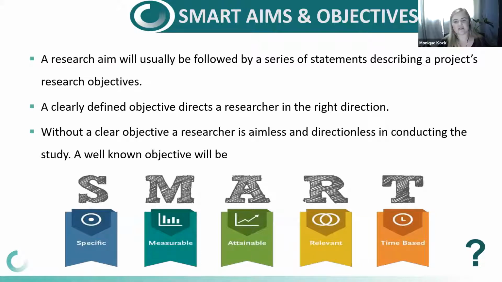Also, you need to ask yourself, is this relevant? So many times we identify a research topic, and then we start by just identifying random things. You need to make sure these random things that you are identifying are relevant towards the focus of your study. And then lastly, think about the time. We all know we have a certain stage to conduct the proposal.